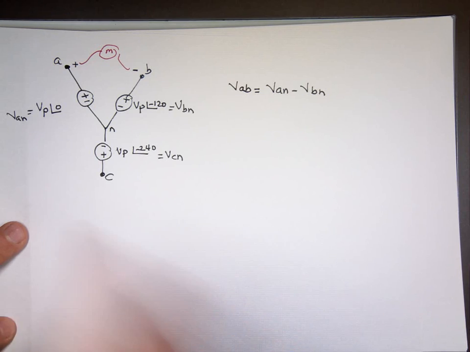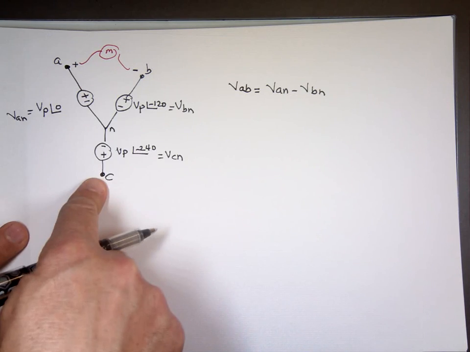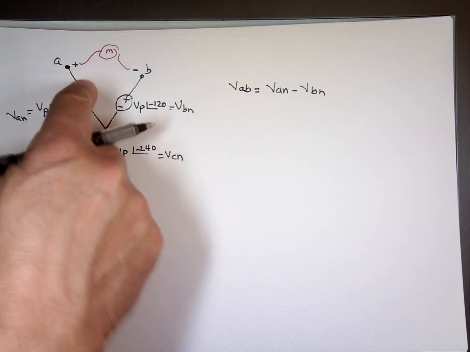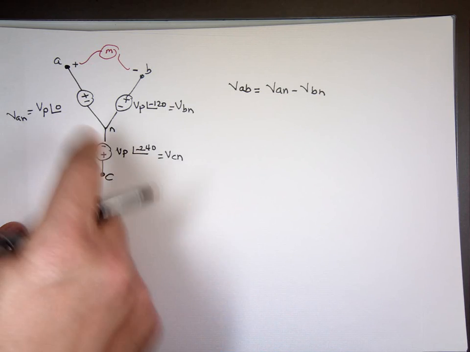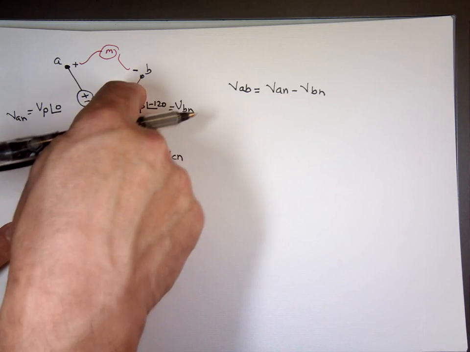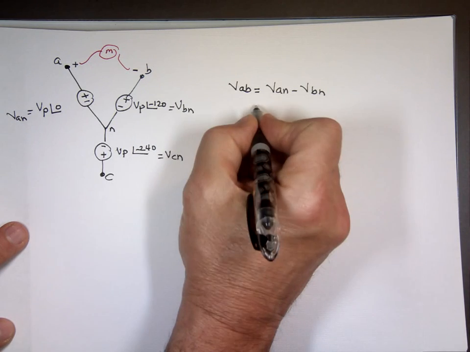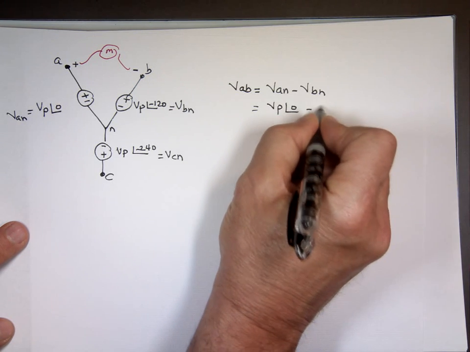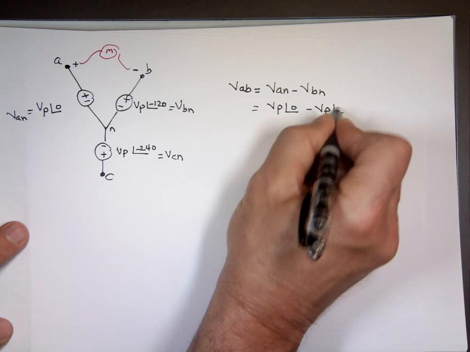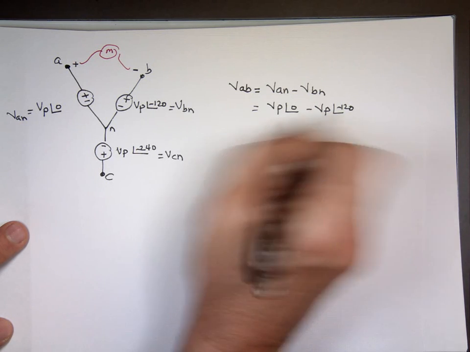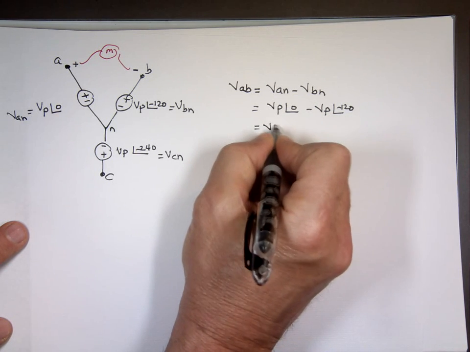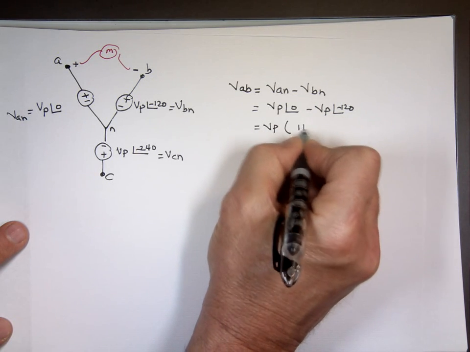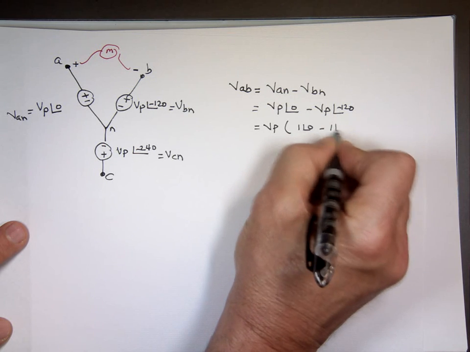You can actually see it better if I was doing A to C. It's plus to minus, minus to plus. The same thing, plus to minus, minus to plus. So it has to be subtractions. So that's going to be VP angle 0 minus VP angle negative 120. And if you do the math, you can factor out a VP. 1 angle 0 minus 1 angle negative 120.